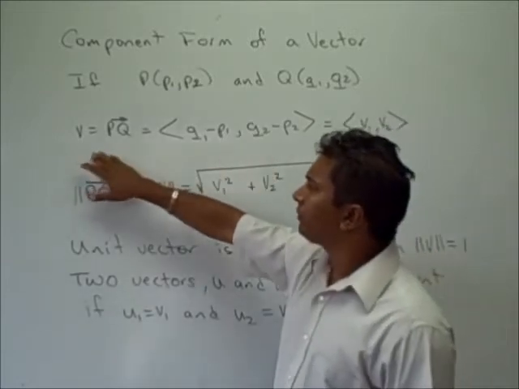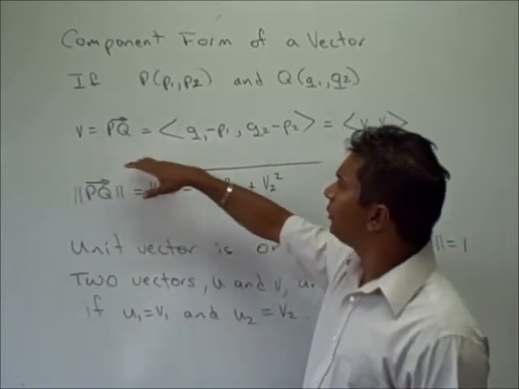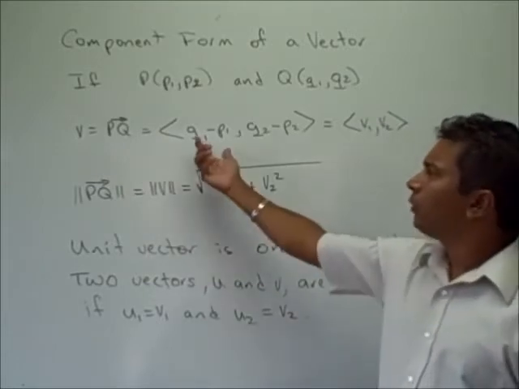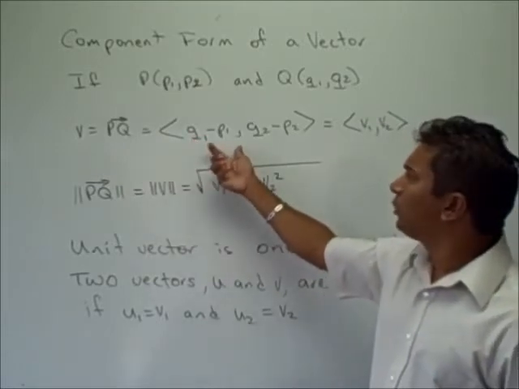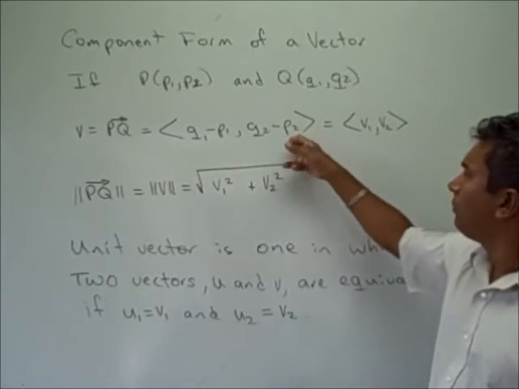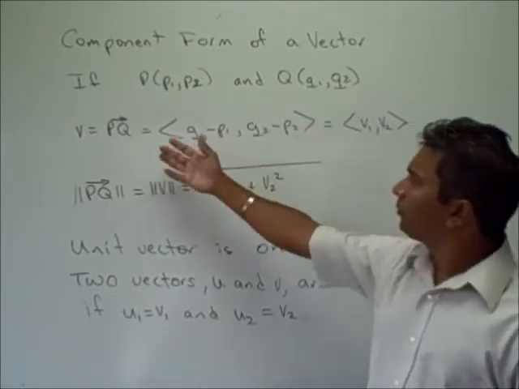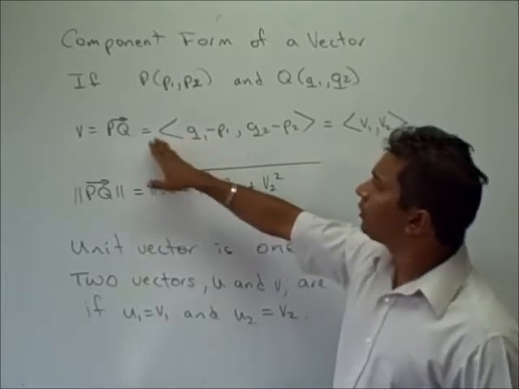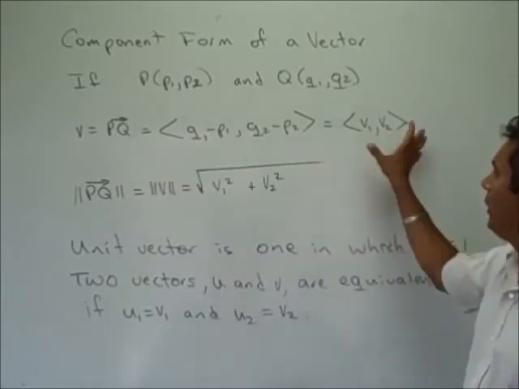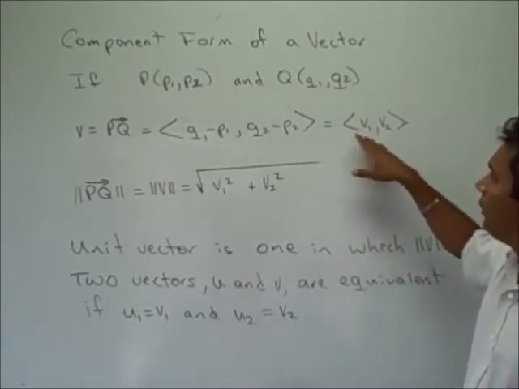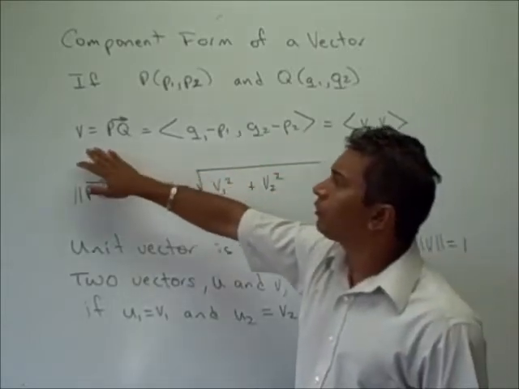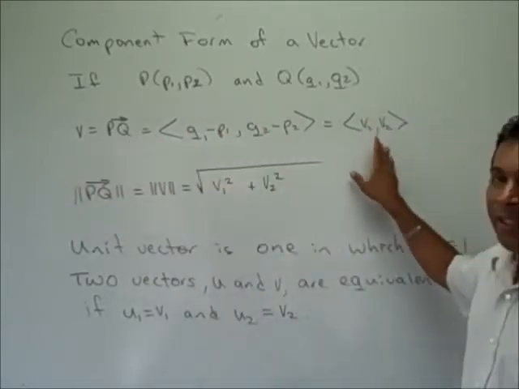V is equal to PQ, and this is how we find our component form. It's Q1 minus P1 and Q2 minus P2, written with angle brackets, like a less than and a greater than symbol, as V1, V2. So the component form of V would be V1, V2.